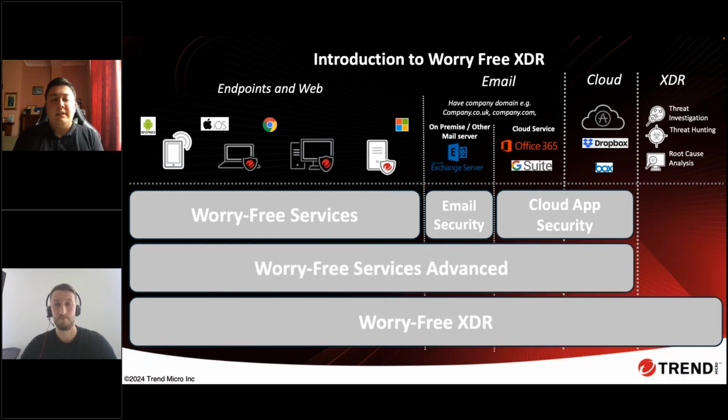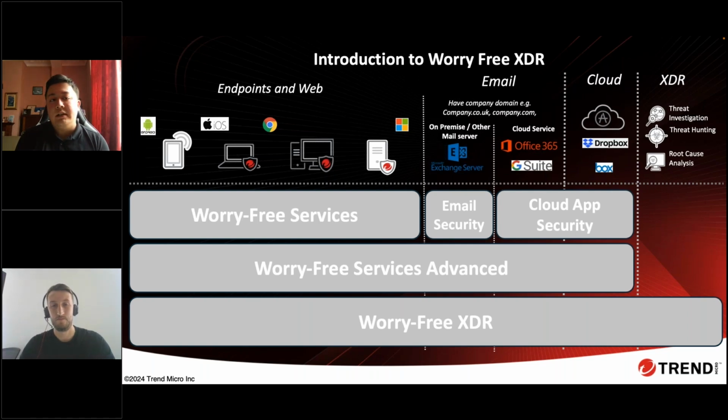So these are all the different tiers of Worry-Free. The first one is Worry-Free Services. So that is just protecting your endpoints. You then can add on email security and cloud app security as well, but it's not included as default unless you have Worry-Free Services Advanced.